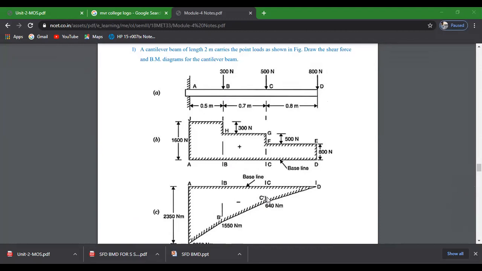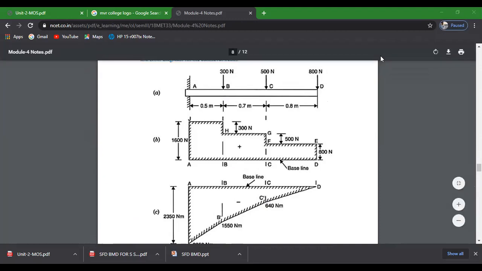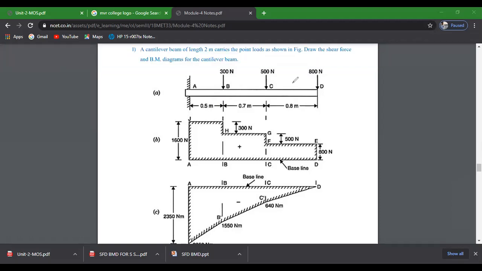As usual, all bending moments will be represented by inclined lines. Here we just consider the point loads. In case of a UDL, the bending moment diagram will be a parabolic curve. This is the bending moment diagram for the point loads.